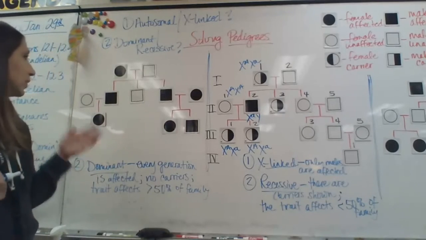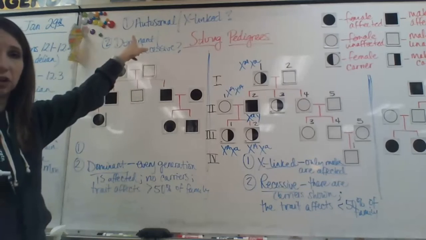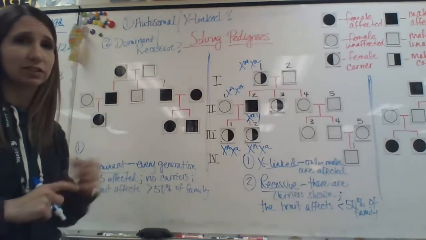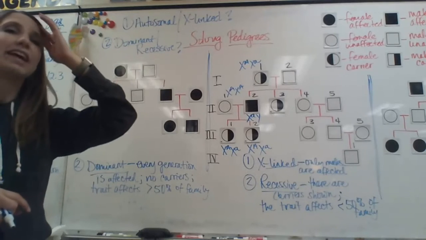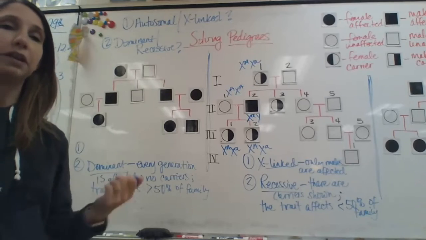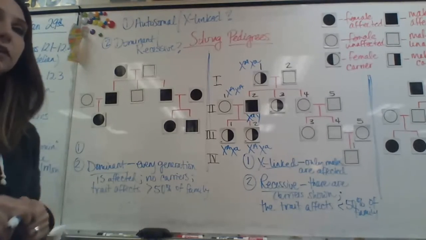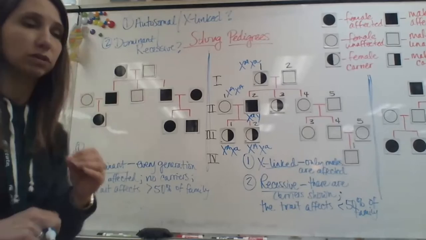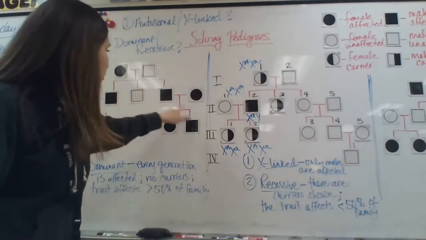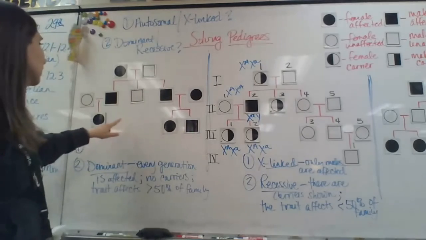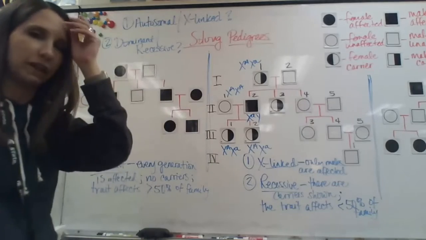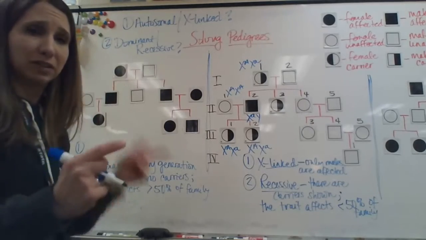Now, if I consider the other question, autosomal versus X-linked, remember, if something is X-linked, it's going to be more often seen in males than in females. So in a pedigree, we're going to see a lot more squares filled in and perhaps no circles filled in. If I count how many of each I have right here, I've got 1, 2, 3 squares that are affected, and 1, 2, 3, 4 circles, 4 females that are affected, which tells me I've got more females than males.